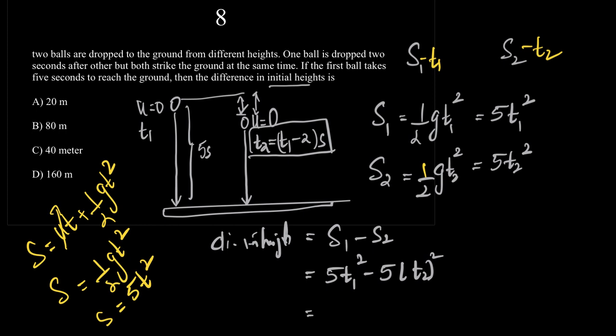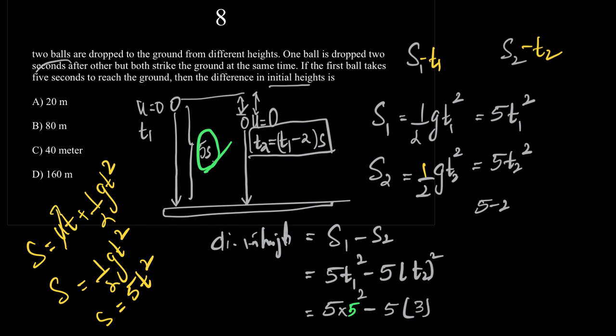Now, what is T1? It is given in the question that the body took 5 seconds to come here, right? So, the body took 5 seconds to come. So, it will be 5 into 5 square minus 5 into, the other body was released 2 seconds after, so it should be 5 minus 2.